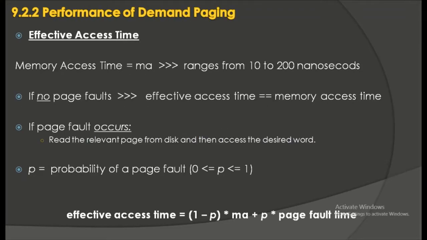In 9.2.2, performance of demand paging: demand paging can significantly affect the performance of a computer system. To compute the effective access time for a demand-paged memory, for most computer systems the memory access time, denoted MA, ranges from 10 to 200 nanoseconds.